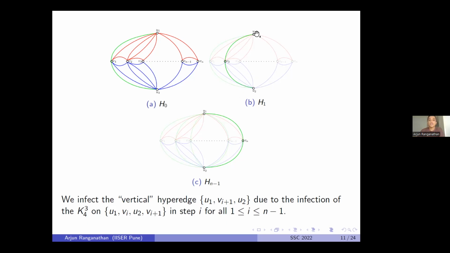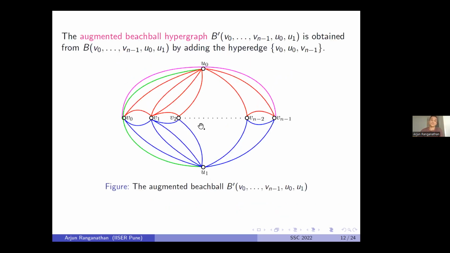And now that this vertical hyperedge u1, v2, u2 is infected, that leads to the infection of u1, v3, u2 in the next step in the same manner, and so on until you finally infect u1, vn, u2 in step n minus 1, and you can show that the process terminates here.